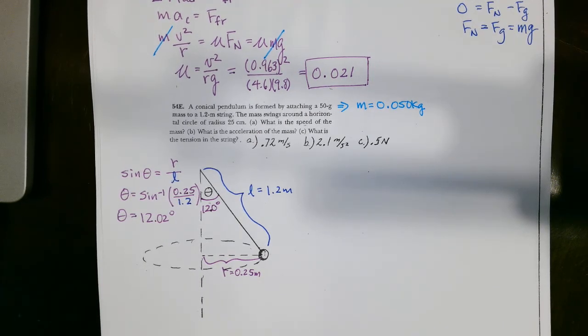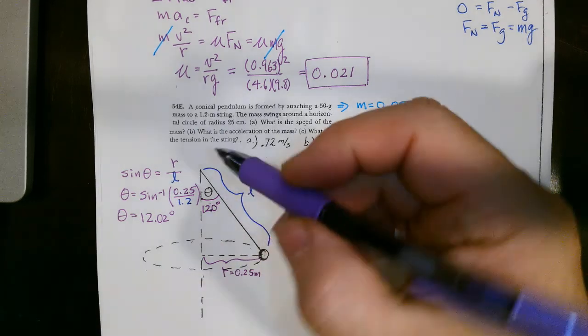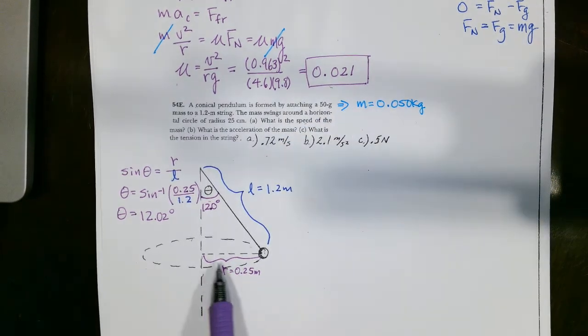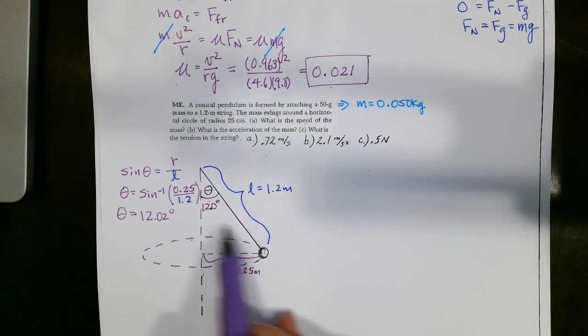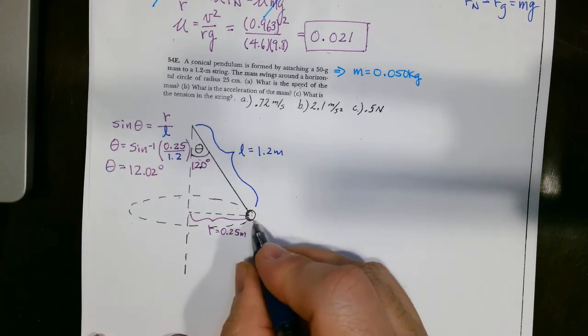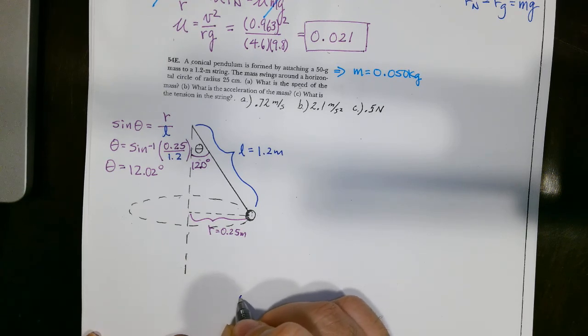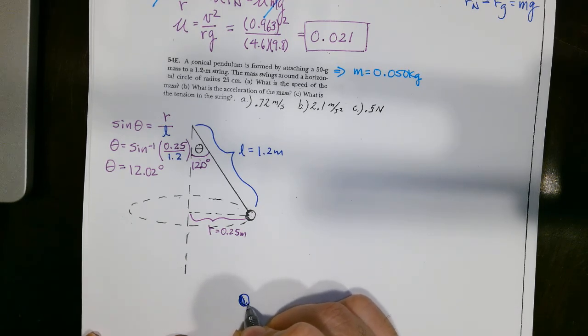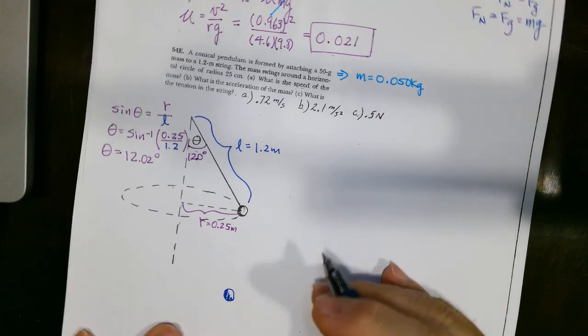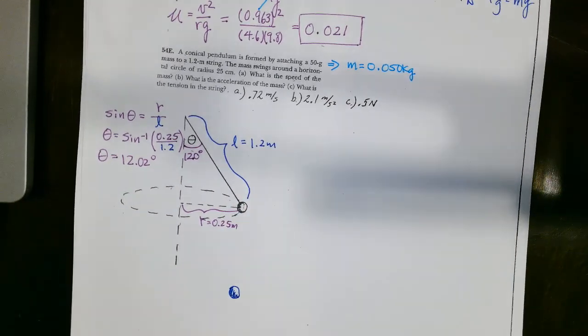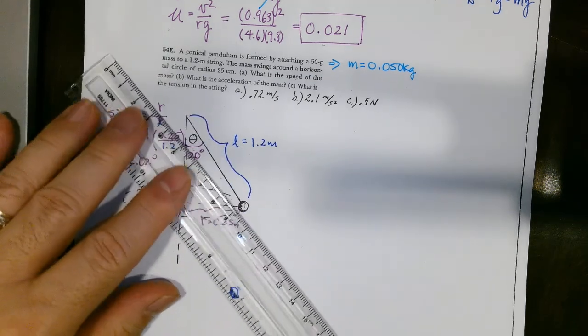So A, what is the speed of the mass? So they want to know what v is. To find out what v is, we're probably going to have to find out what this tension is to keep it from going in a circular motion, right? So if I were to take a look at the free body diagram of that ball, here is the tension diagonally, I guess.